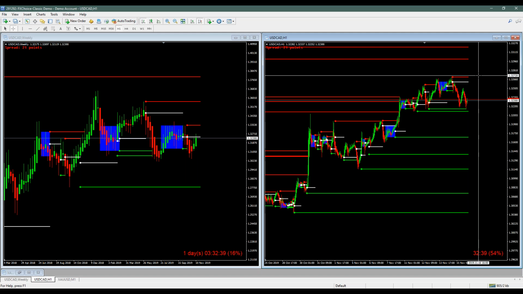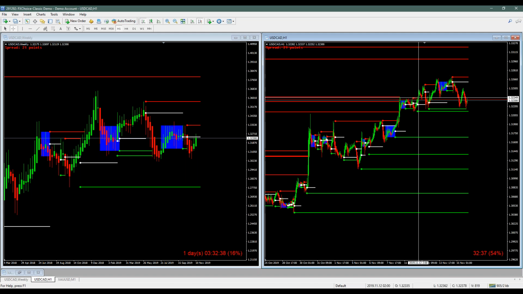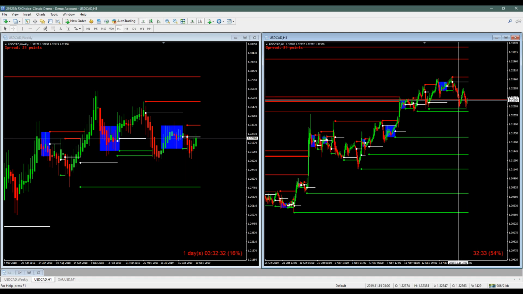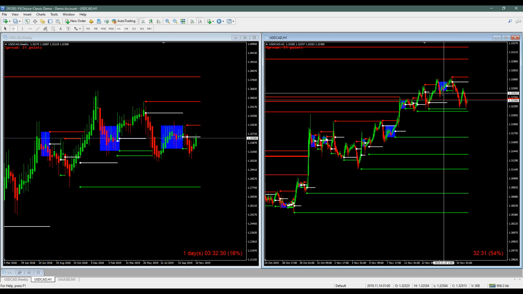Something also to note right there is that it's starting to stall out as soon as it hits that weekly average price line, which a lot of people email in about, and I'll email back a little bit of my thoughts about the average price. It's called average price because it represents the average price at which orders were placed inside of the box.